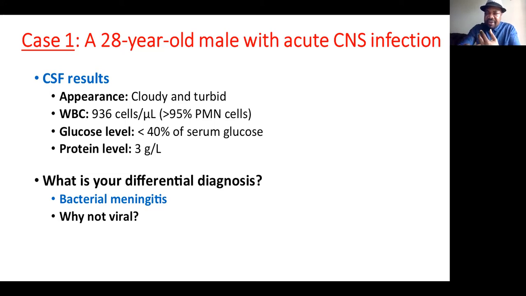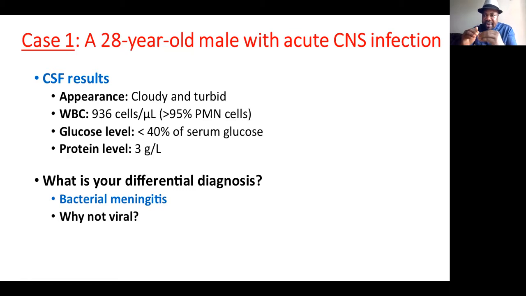And when you look at the cell analysis, at the early stage of infection you can have an increased number of neutrophils, but predominantly during viral meningitis, there is a high level of lymphocytes rather than neutrophils. Although at the early stage you will have a tendency of high neutrophils, mainly after a few hours, you will have more lymphocytes.